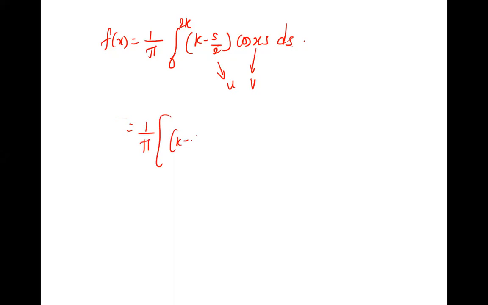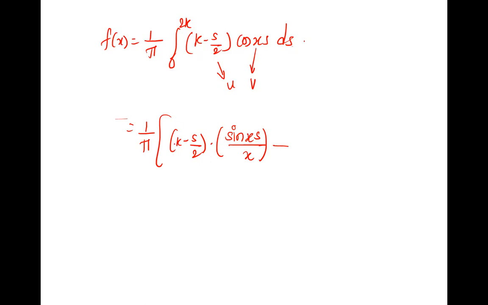U as it is into v1, integration of cos, sine sx upon x, because with respect to s, x is constant. Then negative sign and derivative of this: minus 1 by 2.